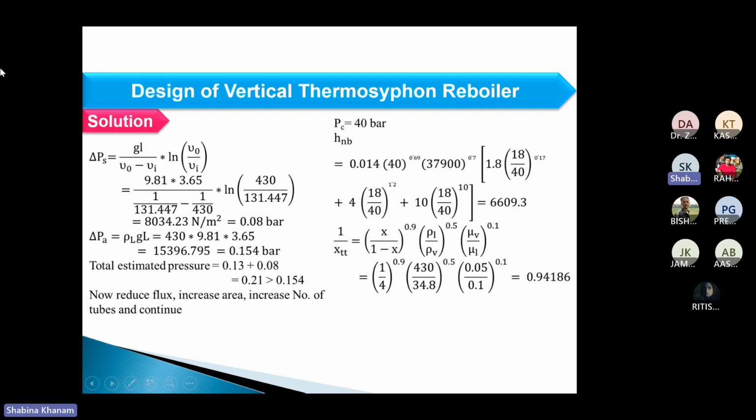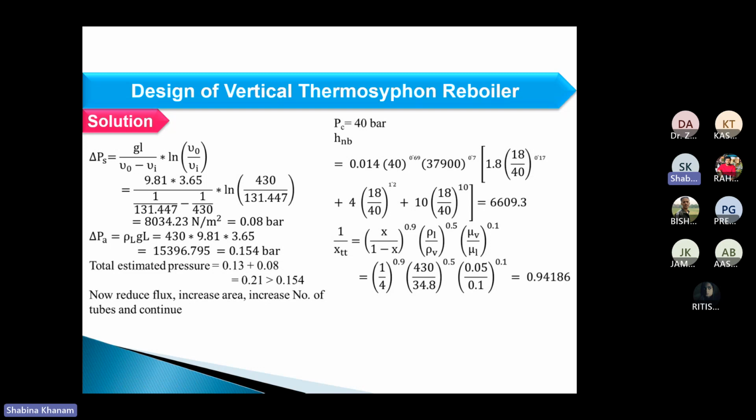So you need to reduce the flux, then you will bring this condition into the valid region. Like 0.154, that should be more than the summation of these two. What value you need to reduce by to bring this to the valid region, you need to figure out by iterations.